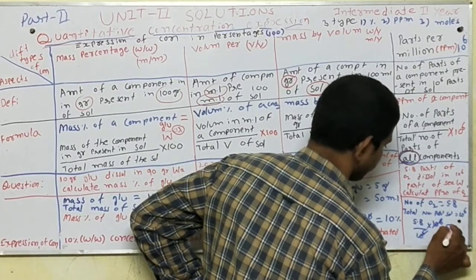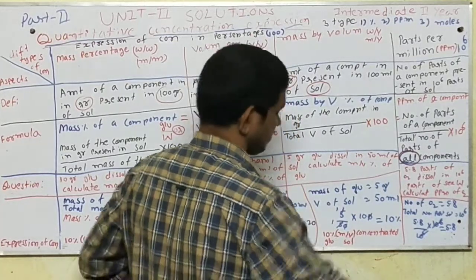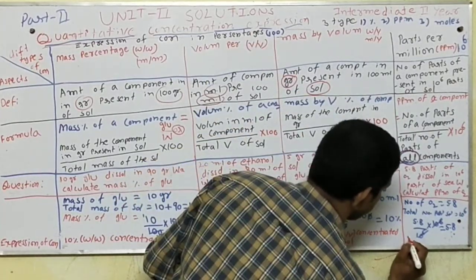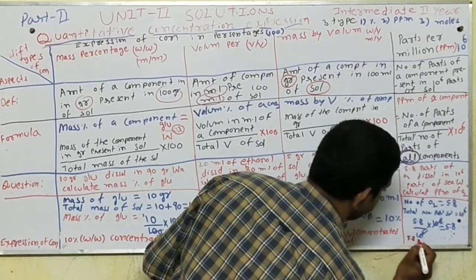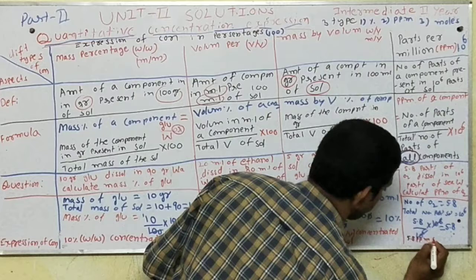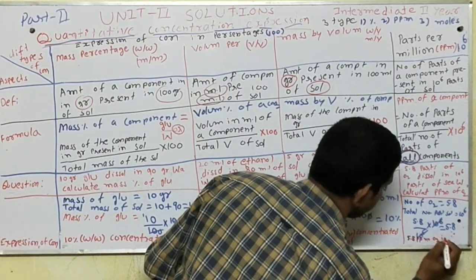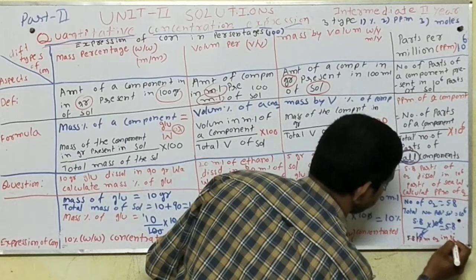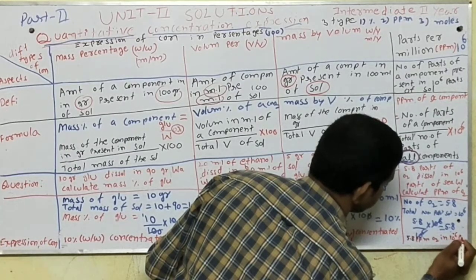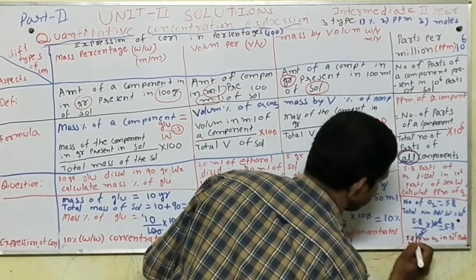We remain with 5.8, and the expression of this concentration is 5.8 parts per million O2 in 10 power 6 parts of solution.